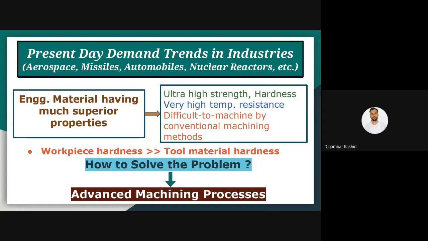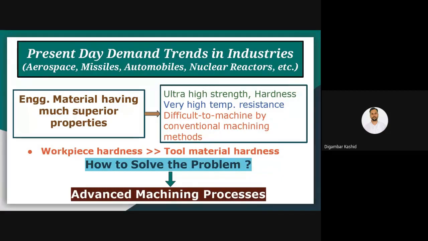As a result of this, researchers thought about that problem, and over a period of time they have evolved a new technology where there is no barrier about your workpiece hardness or that property of high strength.